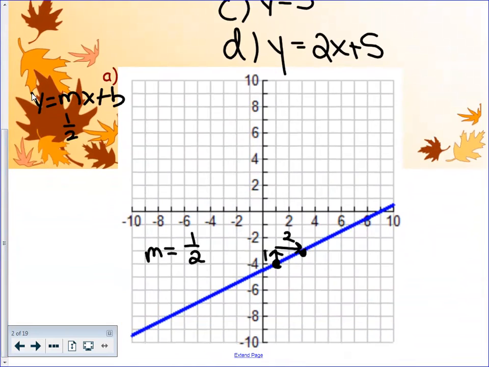Now, while I can take a good guess of what my y-intercept is, I want to make sure I'm accurate, so I'm going to use this coordinate right here to come up with my y-intercept. That coordinate is 1, -4. So I'm going to put 1, -4 here, plus b. -4 equals 1/2 plus b.